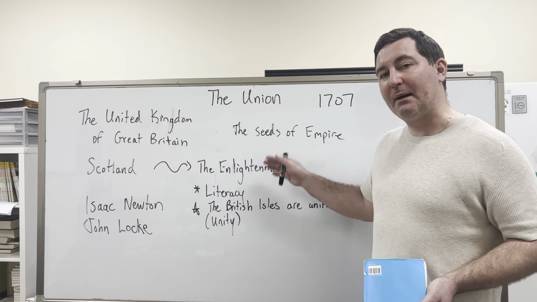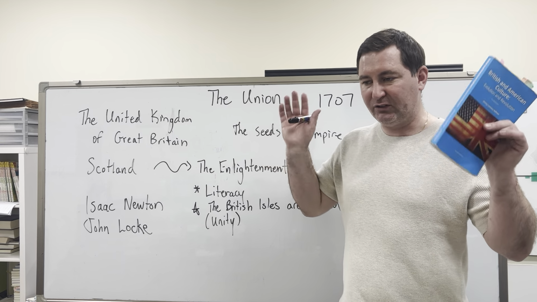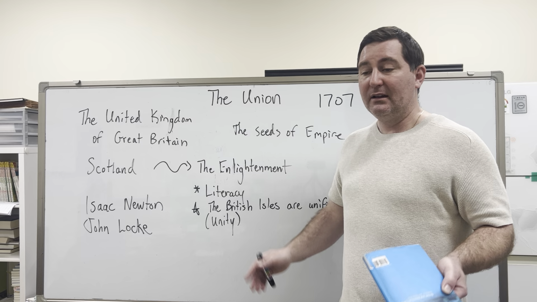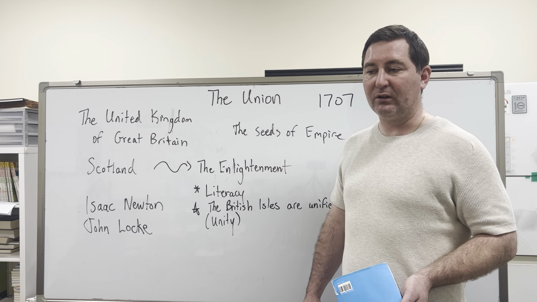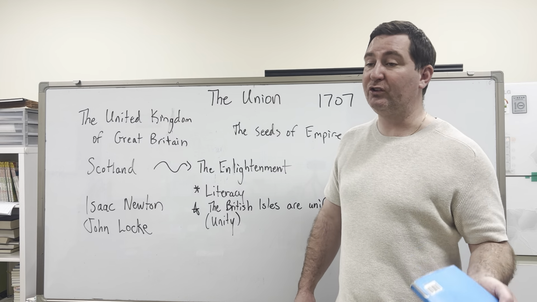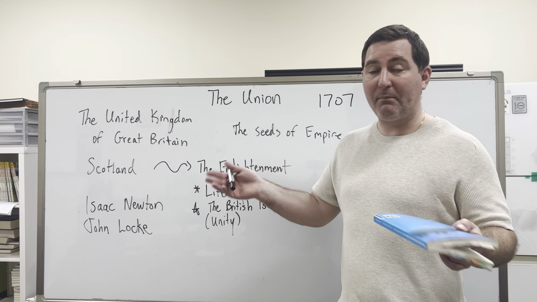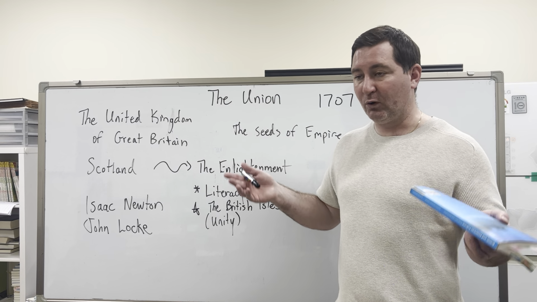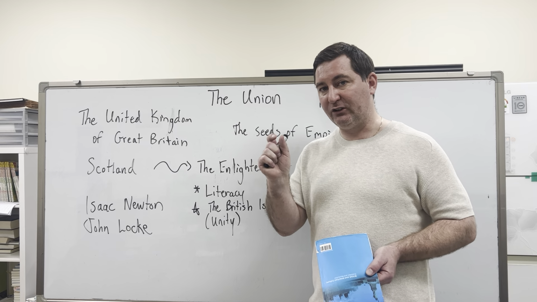The same thing is going to happen in America. Once Americans move over there, there will be English and Scottish and Irish people, and America is going to become one of the most literate societies in the world. This will give them a huge advantage over empires like China or India, where a small fraction of the population can read.